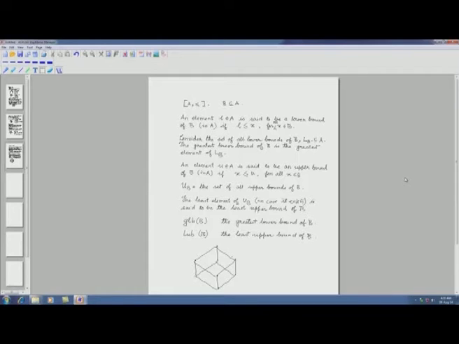All right, and let us name the points, possibly let us name this as A, then B, C, D, E, then F, G and H.